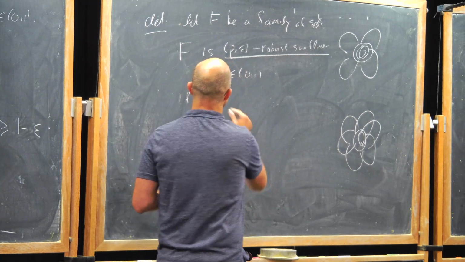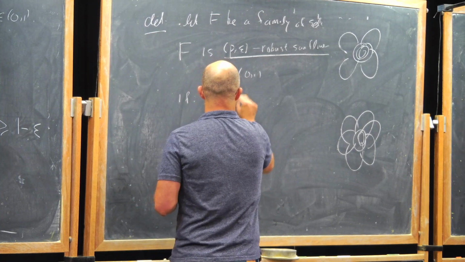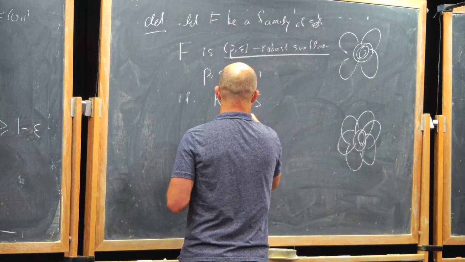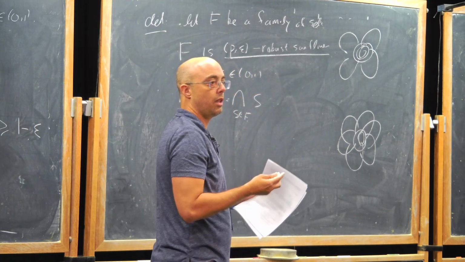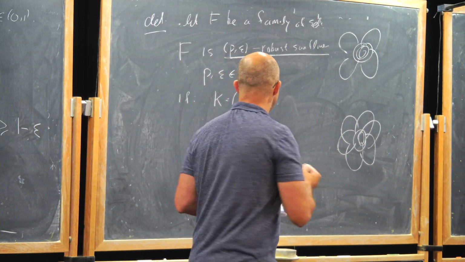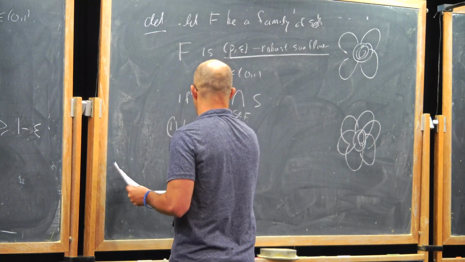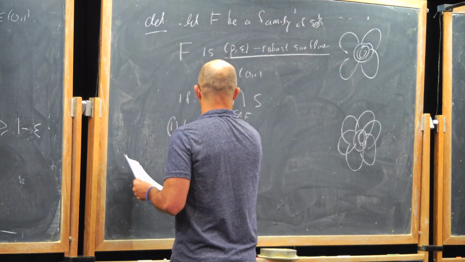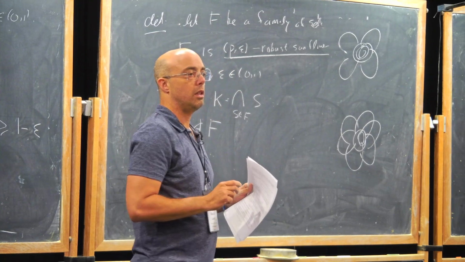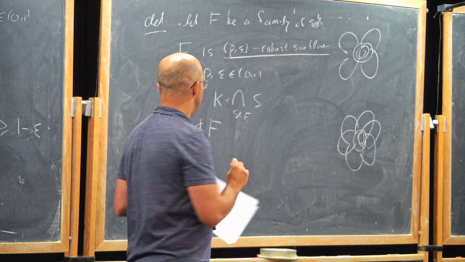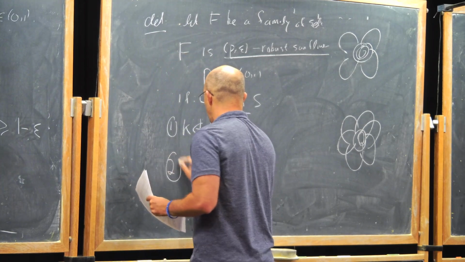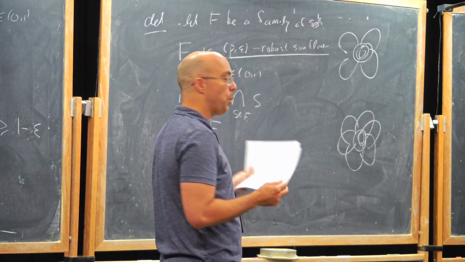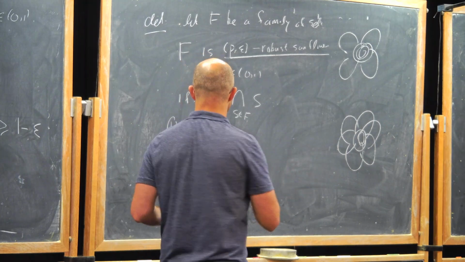First, let's take the intersection of all the sets in the family, call it K. Okay, similar to a sunflower. There might be some non-trivial intersection of all of them. First thing we're going to require is that this intersection is not in our family. Okay, that's going to be one restriction that we need here. And the other one, they're going to say is, except for this, there are mostly disjoint. And the way we're going to quantify this is as follows.